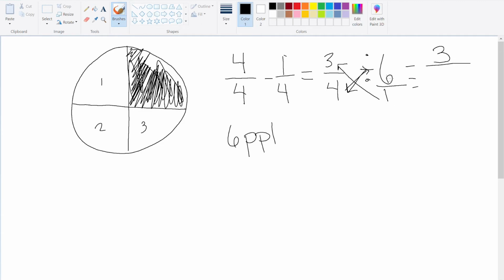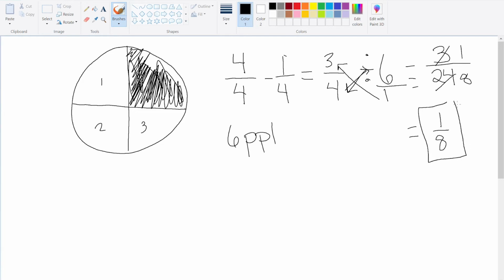And then I'm going to have this 6 times this 4, that's 24, and that's going to go on the bottom. That 24, 3 over 24, both have a 3 in common. So if you cancel out the 3, then that can be simplified to 1/8.